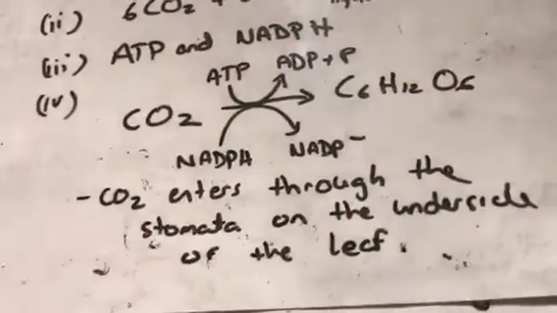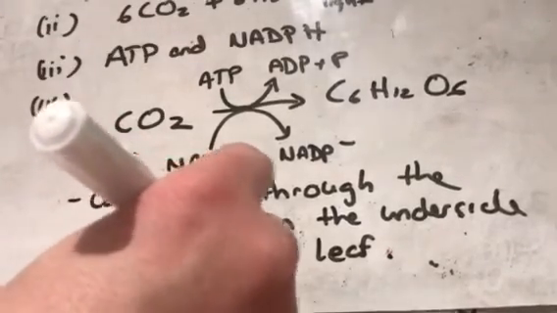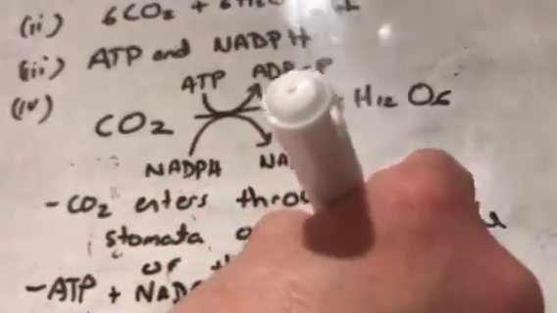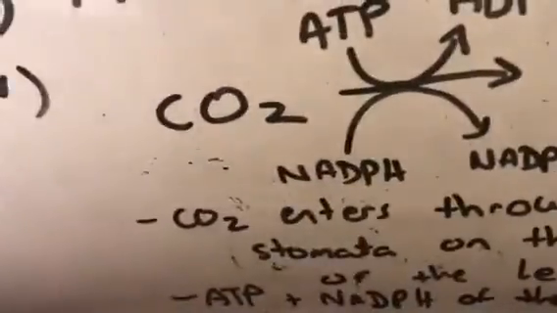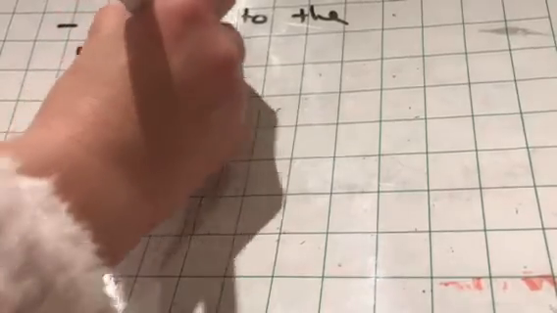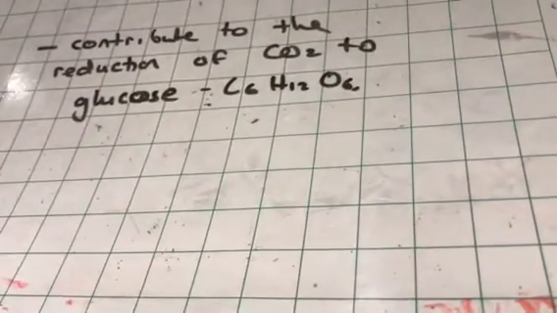The other thing you may want to mention, since you're just summarizing this, is that the ATP and NADPH of the light stage contribute to the reduction of CO2 to glucose, which is C6H12O6. Okay, is that okay? Hopefully that's clear enough. That's all you need to say for that.